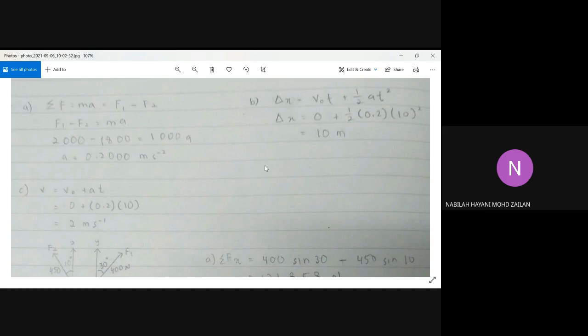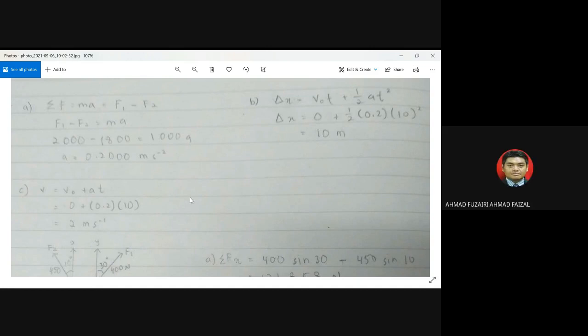And then question B. Using the formula delta x equals to v naught t plus 1 over 2 at squared, and then the velocity naught is 0, and then the acceleration is 0.2, and the time is 10 seconds. Yeah. And then the distance is 10 meters.